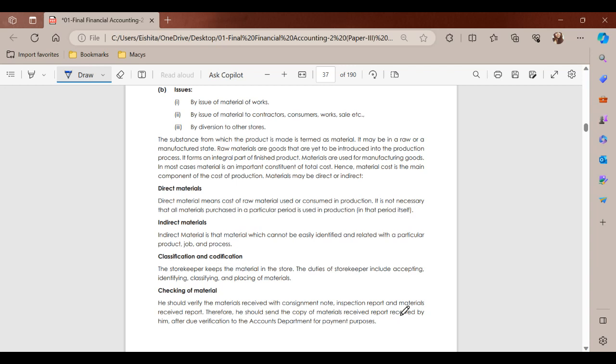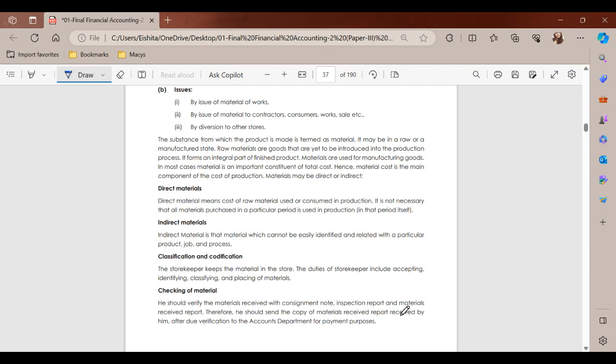So instead of placing of material, if I use another word, you will have to choose the wrong one out. Okay, so you will choose the wrong one out. So identifying, accepting, classifying, and placing of material.